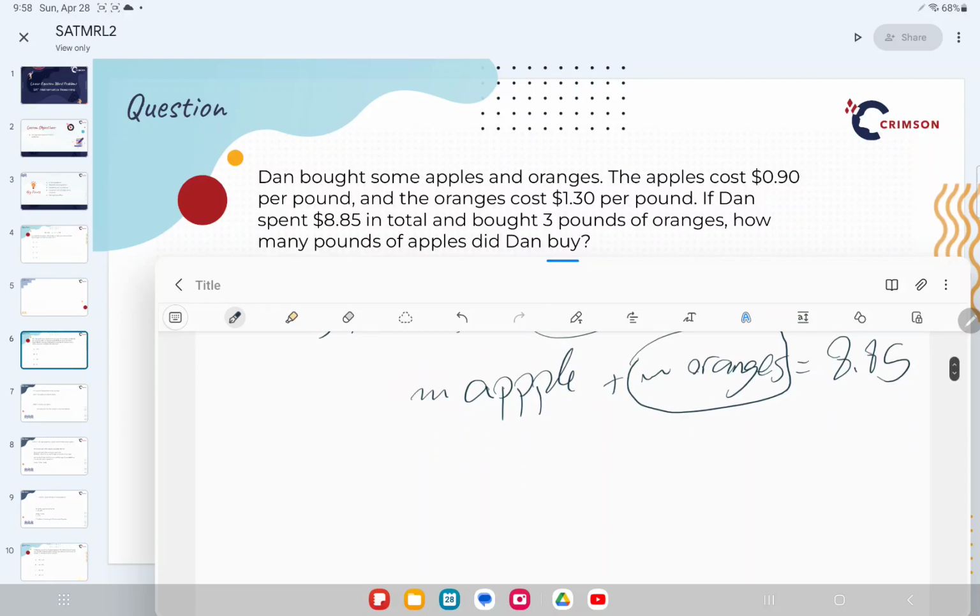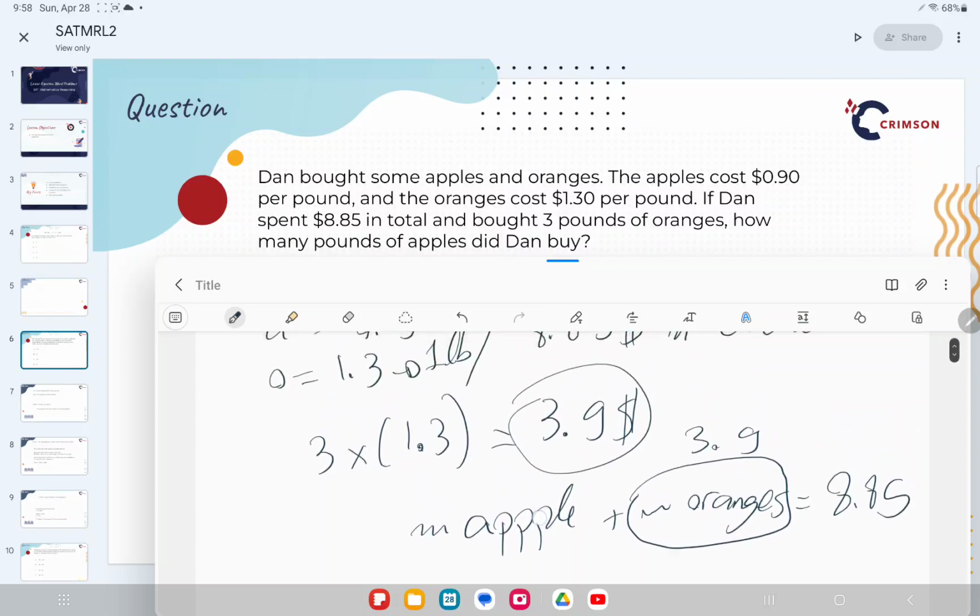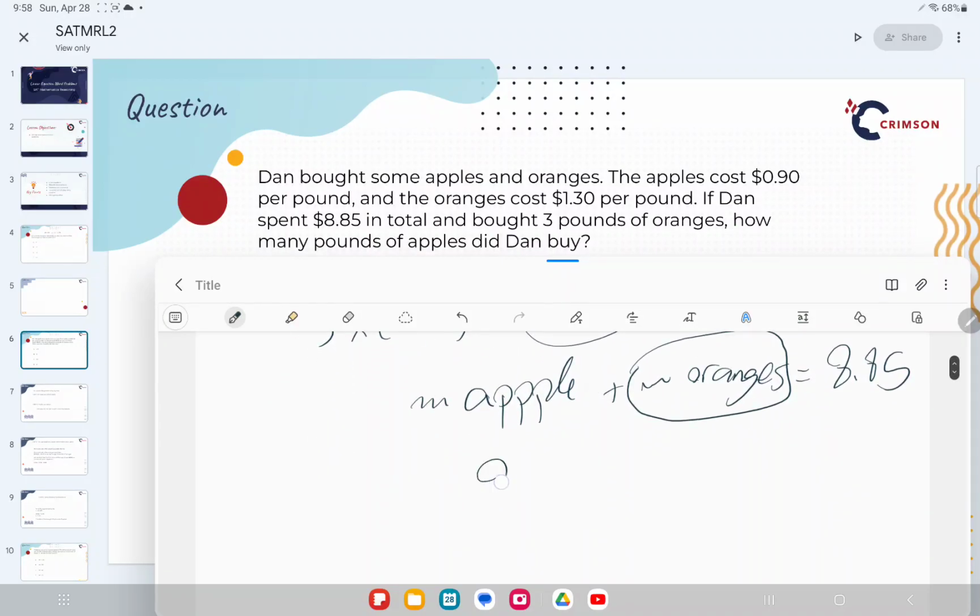So if I want to write it, I don't know how many apples he got, but I know the price of an apple. So the price is 0.9 per apple, plus 3.9, is equal to 8.85.